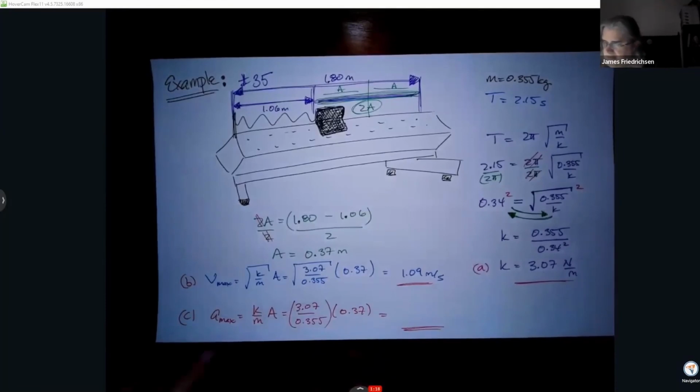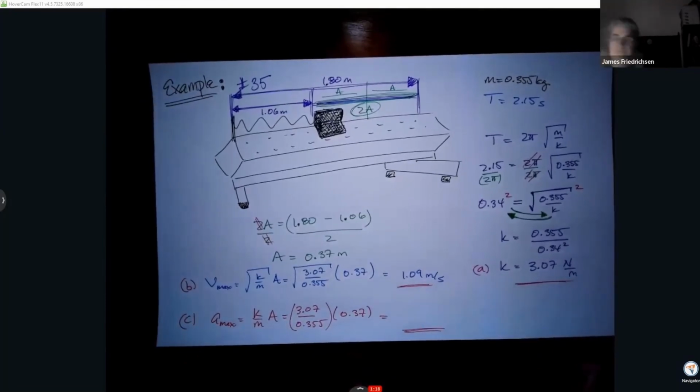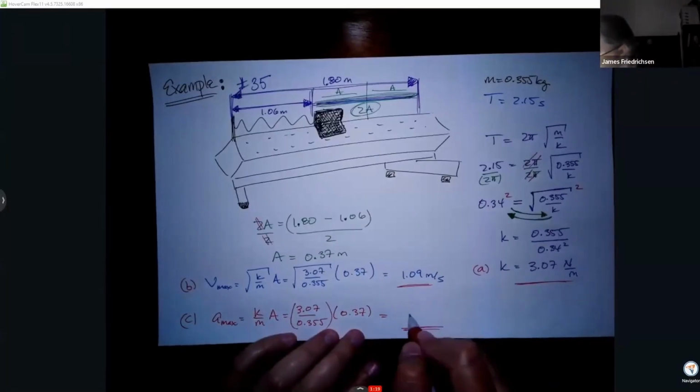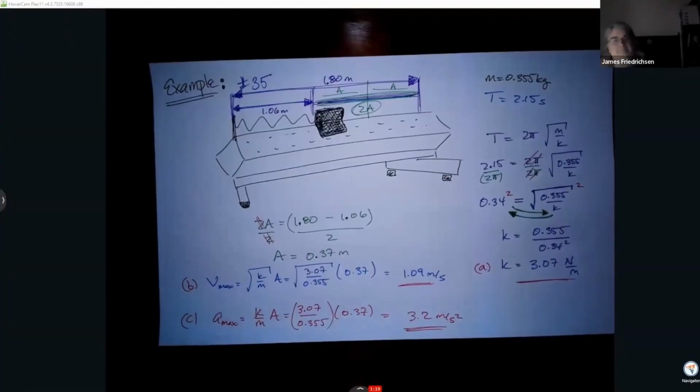So this should give us the magnitude of the maximum acceleration, 3.2. Yep. All righty.